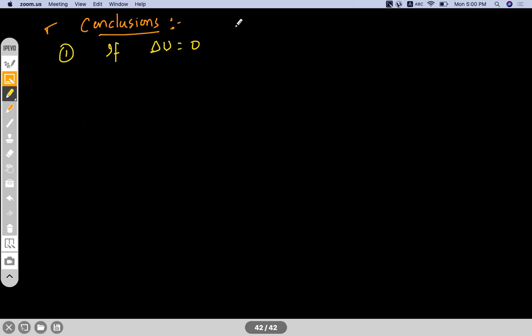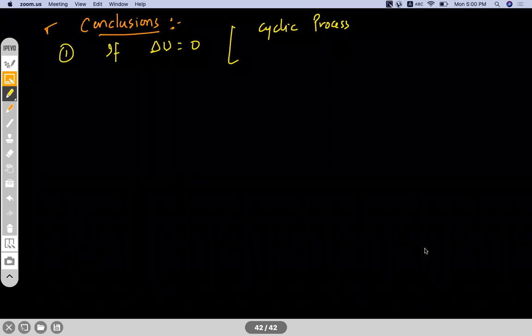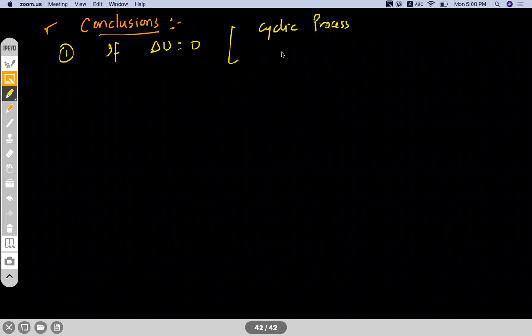And the change in internal energy will be 0 for, we can say, a cyclic process. Any other process in which the change in internal energy is 0, apart from the cyclic process? Internal energy depends upon temperature. So yes, isothermal is another process in which the change in internal energy is 0.